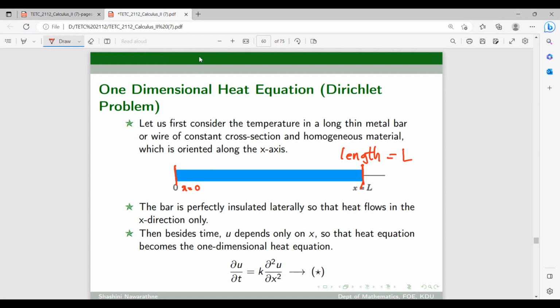So our variable is u, and it is dependent on x and t. I am not going to provide the notes. If you need, you can make your own notes. Boundary condition means the value of this variable u at the boundaries of this metal rod at any time t.